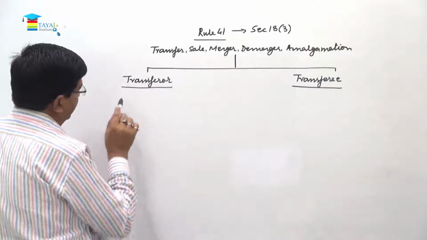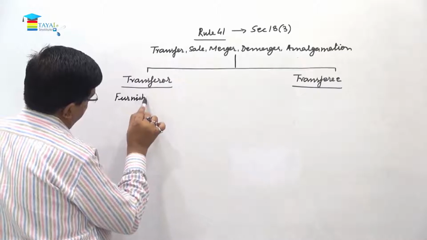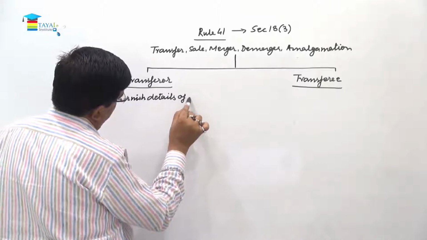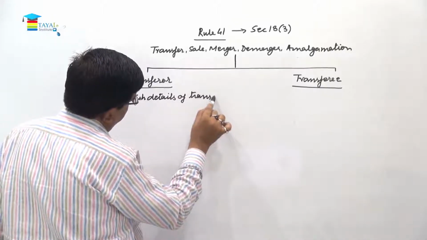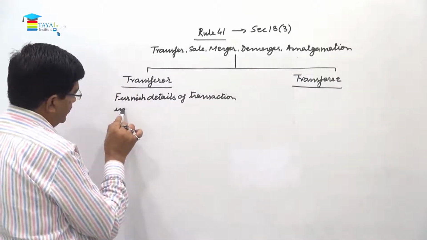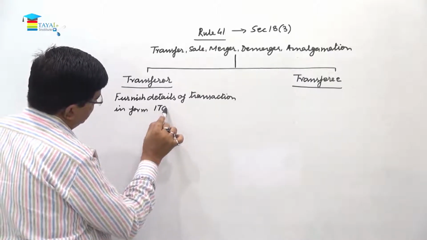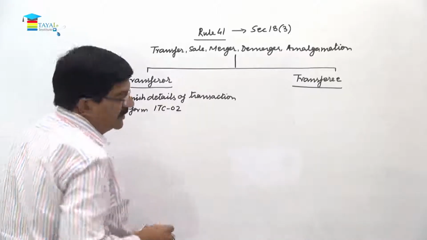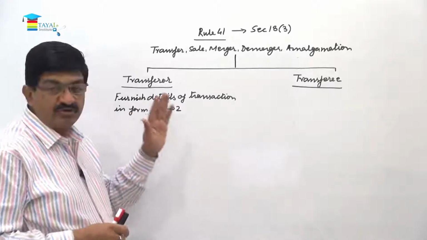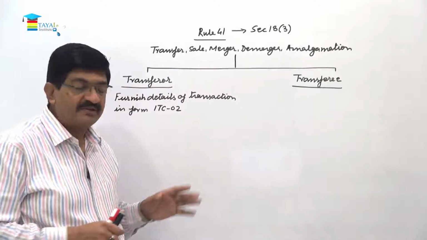Now, as far as this transfer is concerned, the transferor has to furnish details of transaction in form number ITC-02. Now this form has not only the description of the transaction but also complete detail of the goods or assets which are being transferred.